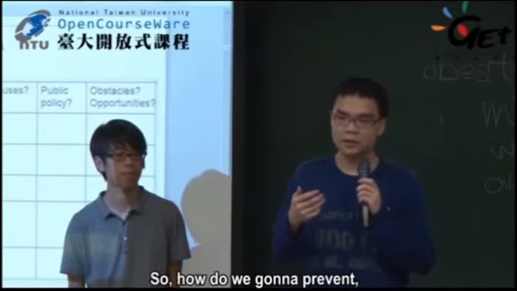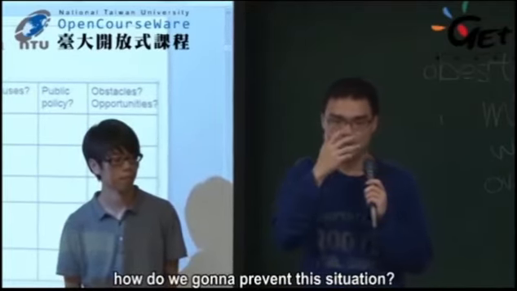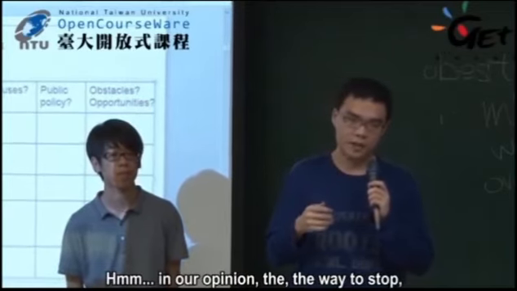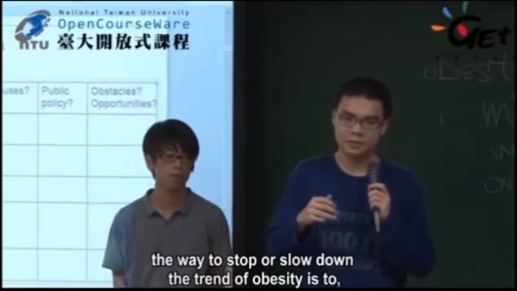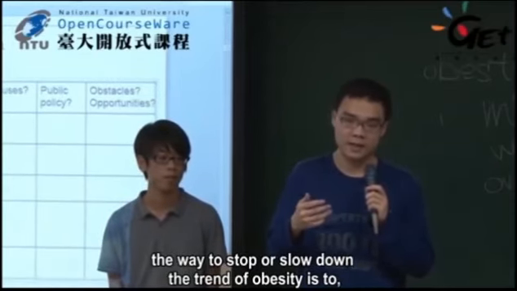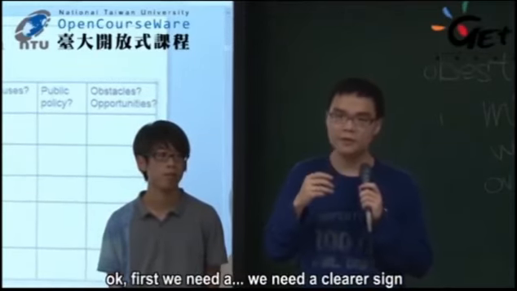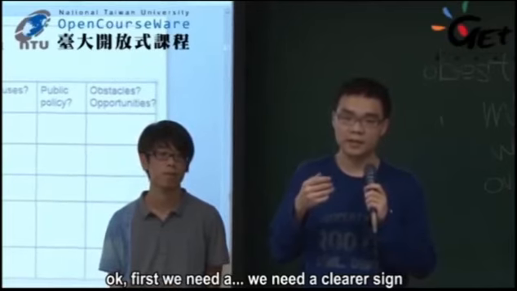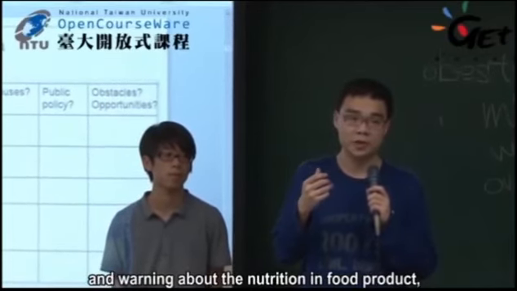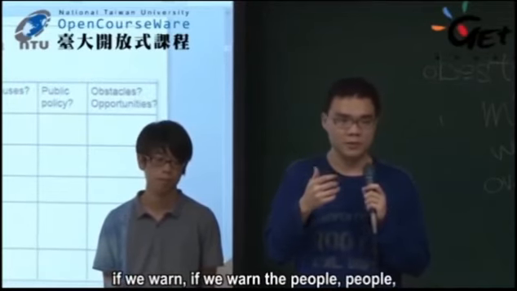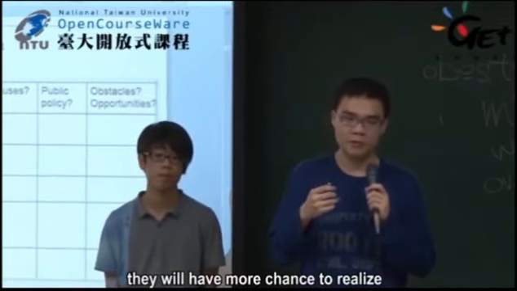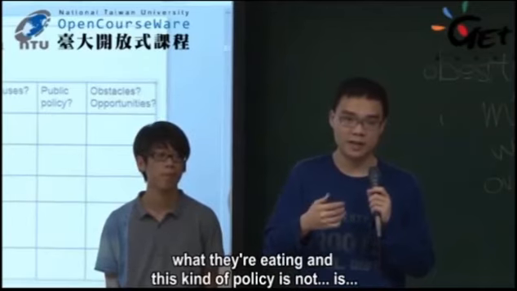So how are we going to prevent this situation? In our opinion, the way to stop or slow down the trend of obesity is, first, we need clear signs and warnings about the nutrition in food products, so people will have more chance to realize what they are eating.